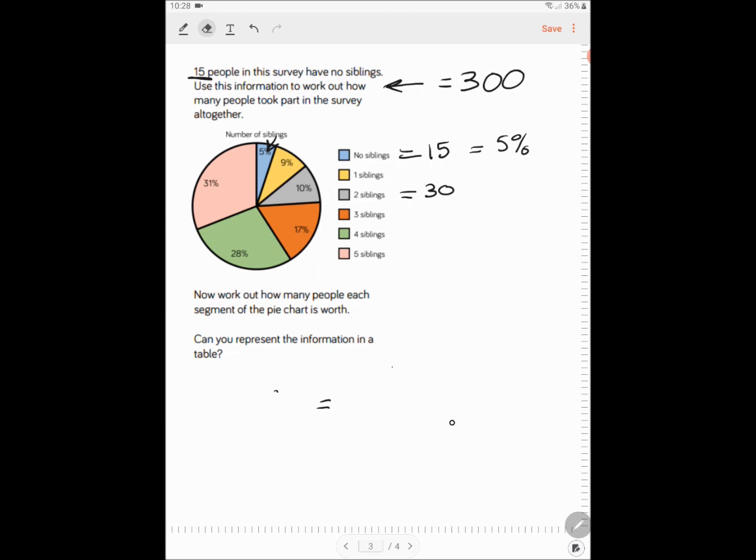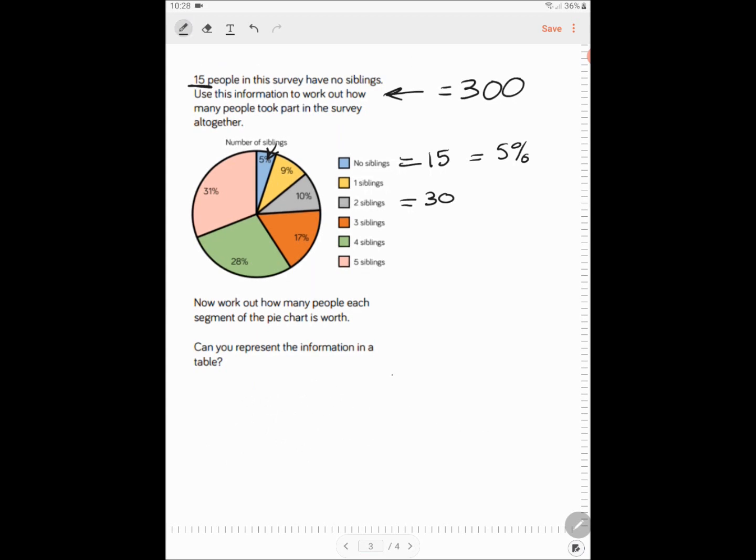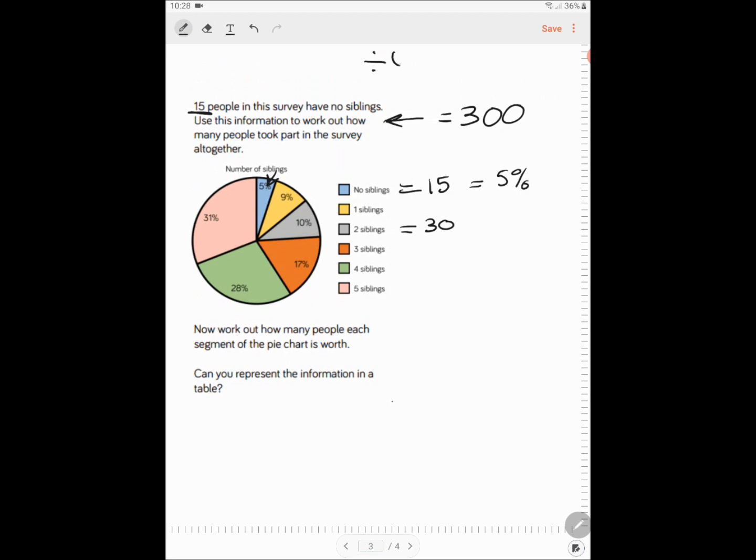The others, however, are slightly more complex. Now, remember the method we said to find percentages? You divide by 100 and you times by the percent. So use that method. Now we need to find out how much each one of them is worth. To find 1%, which we're going to need for all of the others, I'm going to take the original amount.